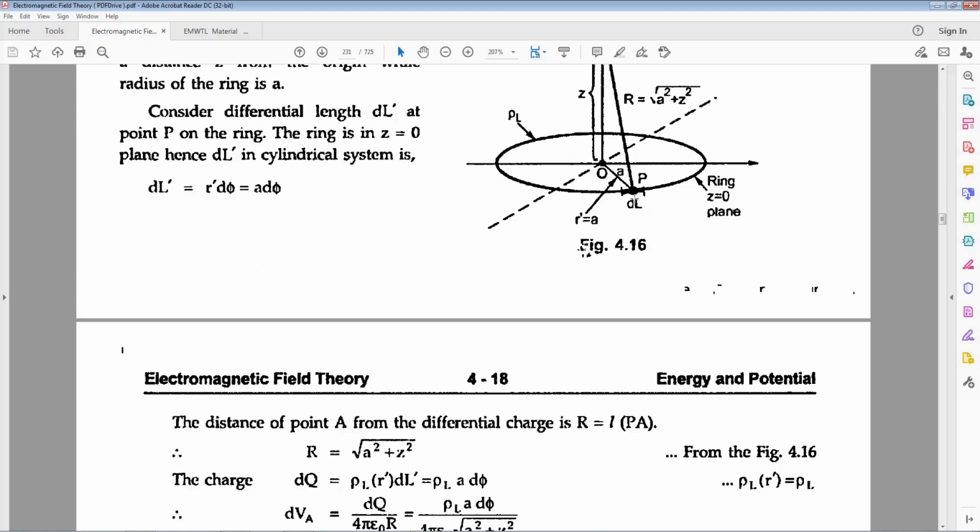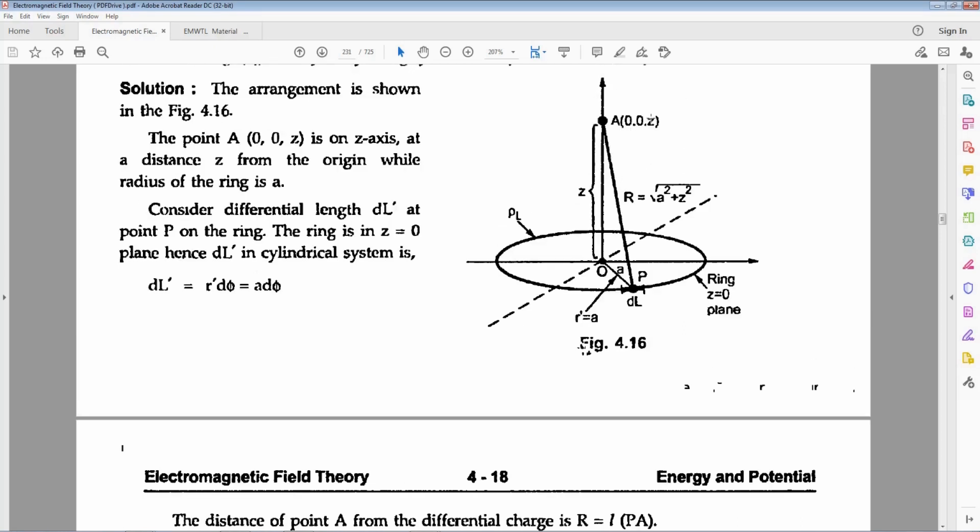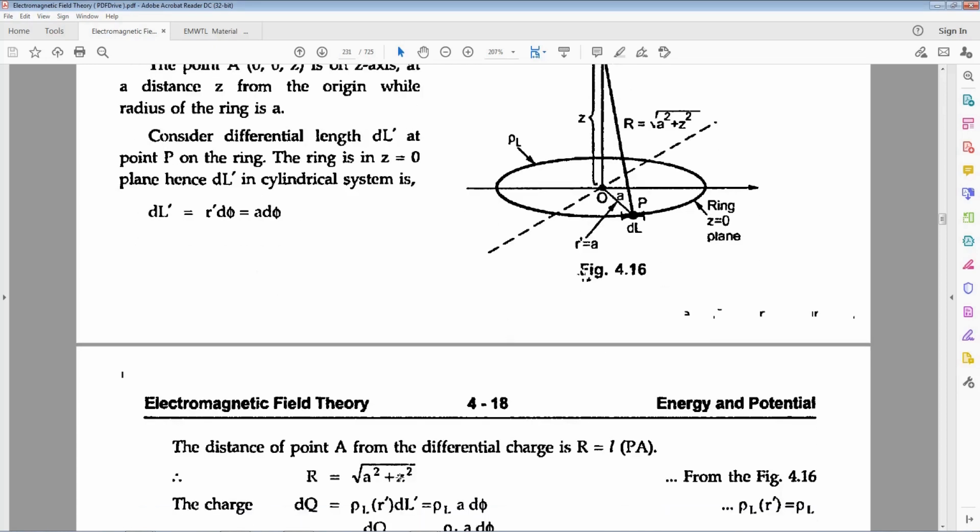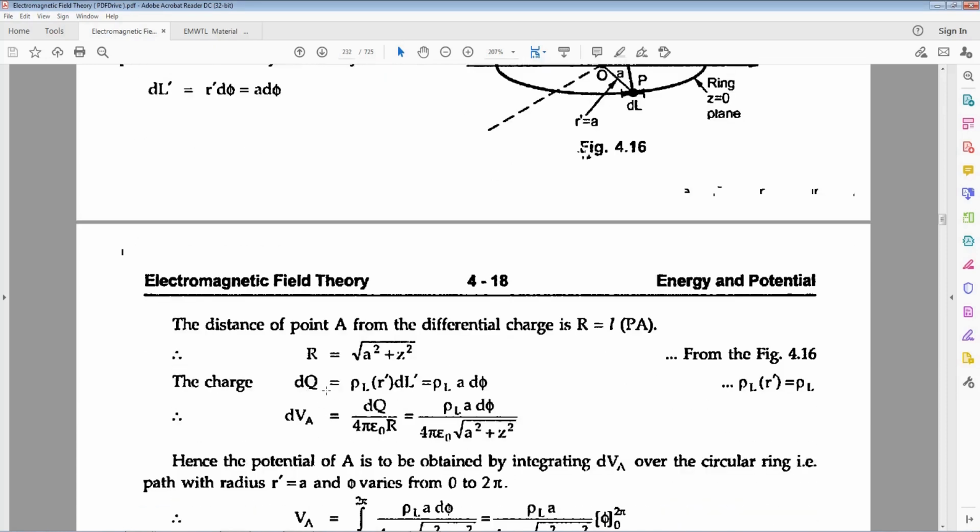A is the distance here, and z is the point here. The 0 minus 0, and a minus 0, and 0 minus z whole square. You'll get a square plus z square. So dq is equal to rho L into dl. Then substitute in the voltage.